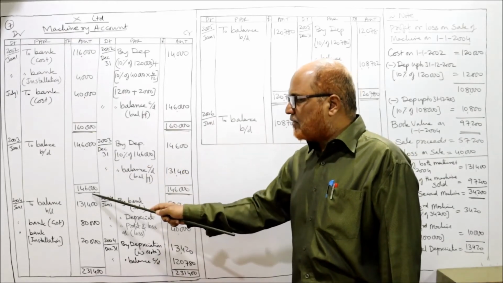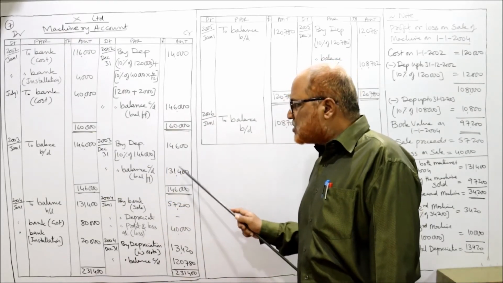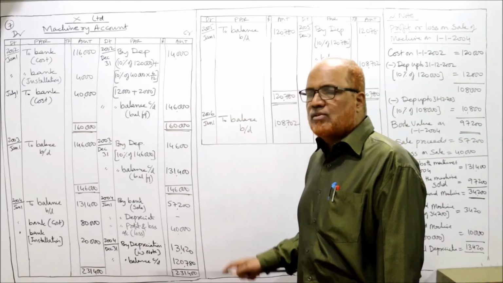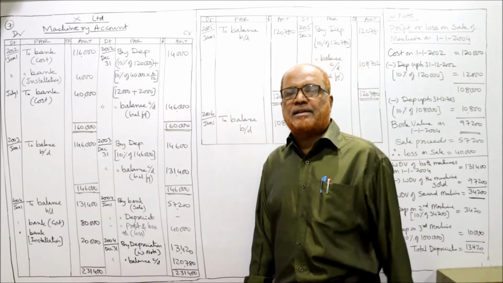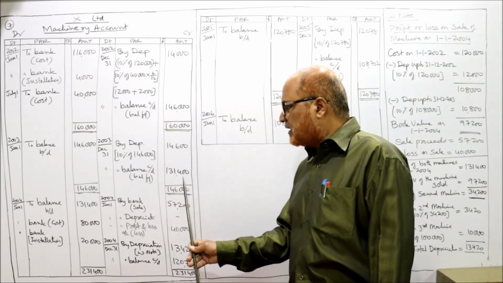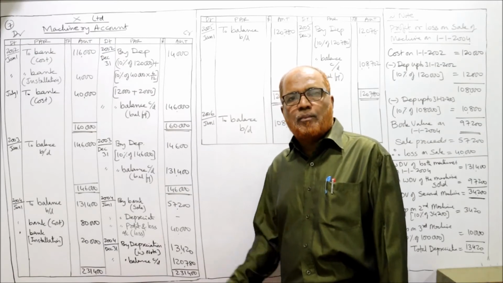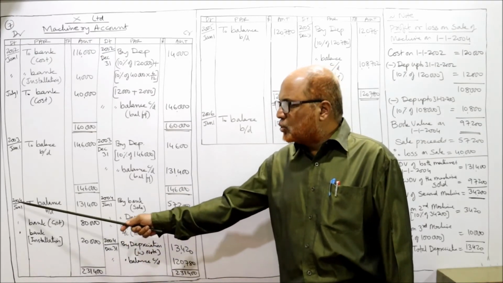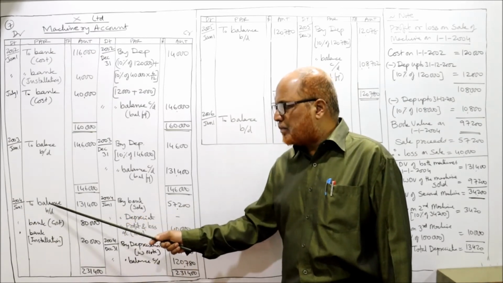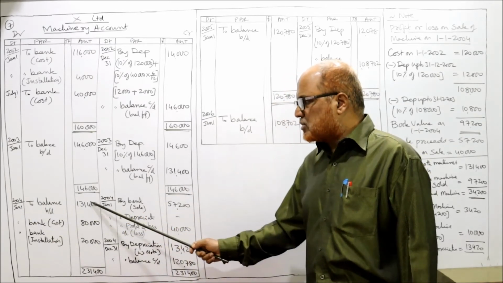Take the total, 1,46,000 minus 14,600. The closing balance is 1,31,400. 2 years completed. At the end of second year, the value of the machine is 1,31,400. Now brought on. Next year, 2004, January 1st, to balance brought on 1,31,400.